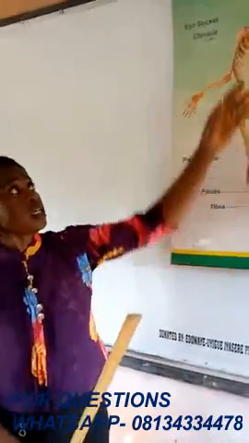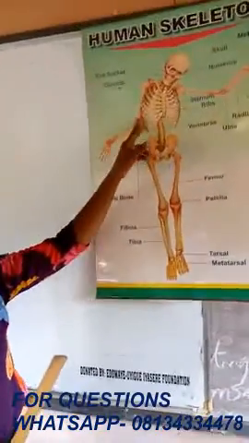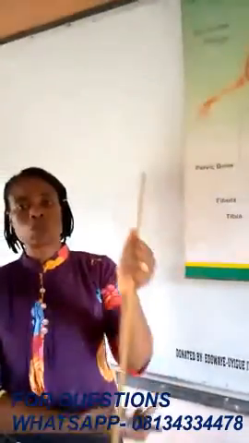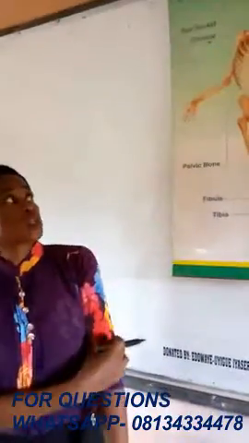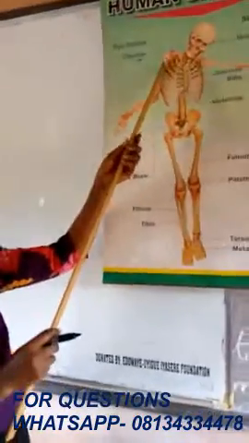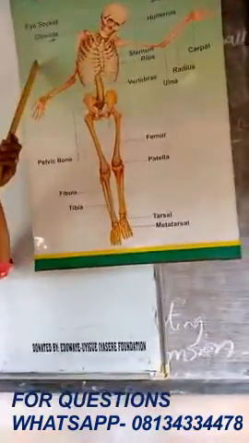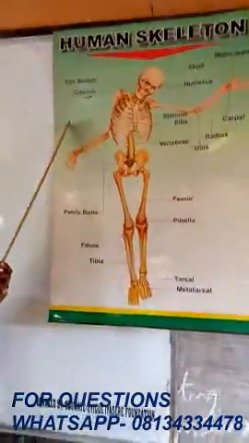The upper forelimb, from your shoulder down to your elbow, this bony structure here is called the humerus. Look at it. The upper forelimb is called the humerus.